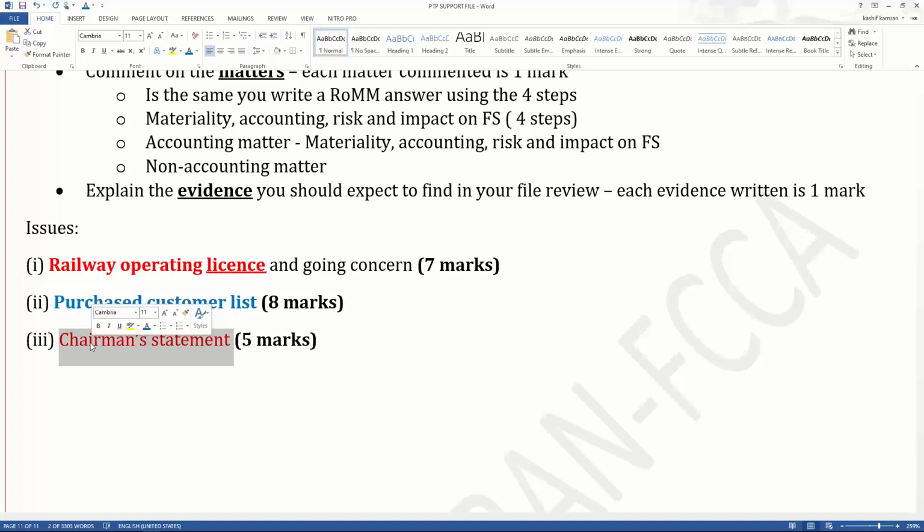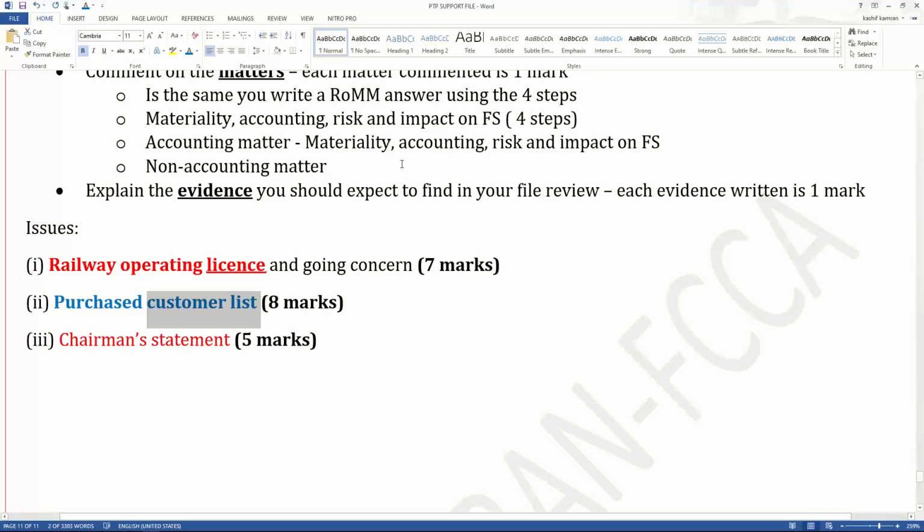So the chairman statement doesn't seem like an accounting matter. Railway operating license and going concern are accounting matters. Purchase customer list seems like an intangible asset, an accounting matter. But chairman statement is other information. So can we have a materiality of the chairman statement? Can we have an accounting treatment of the chairman statement?